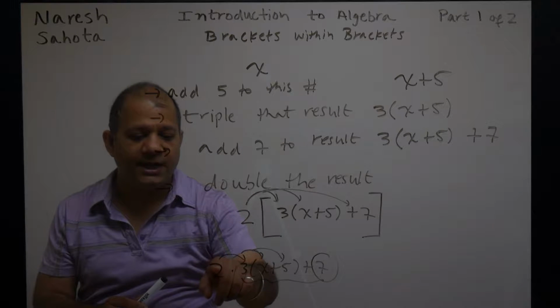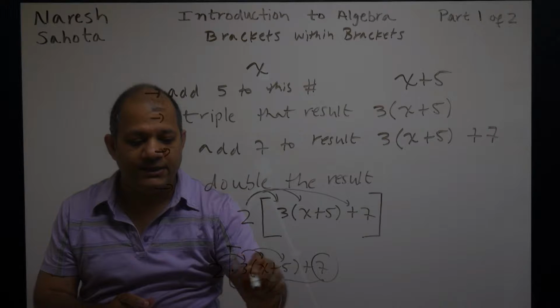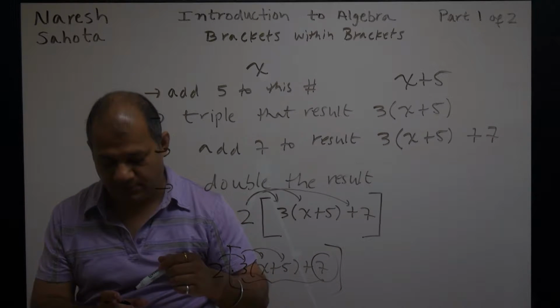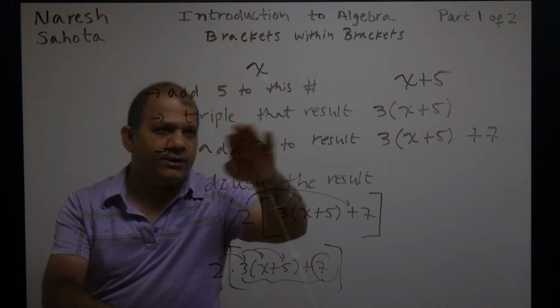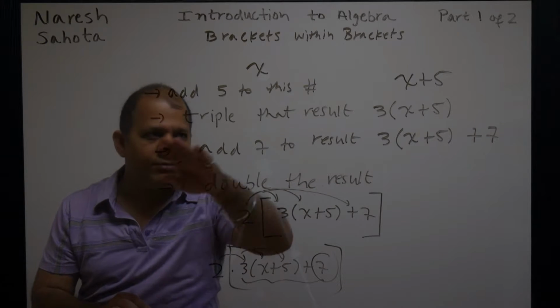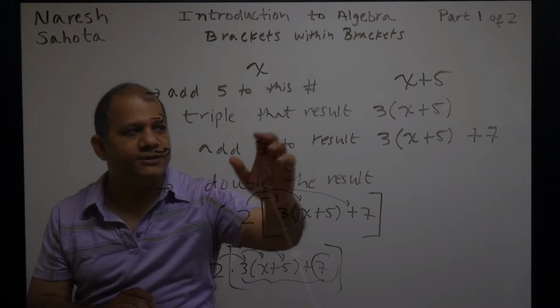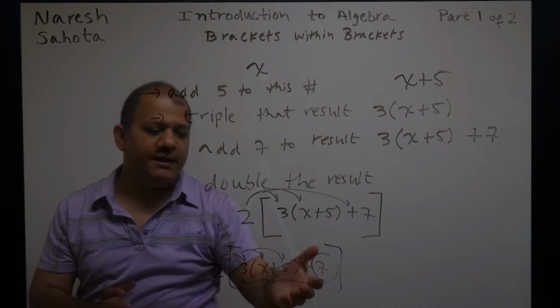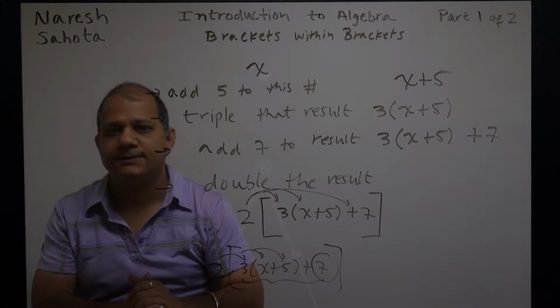So we haven't applied a factor of 2 to the 7, and to do that correctly we need to make use of square brackets. So I gave you a bunch of information one step at a time, and we translated that into a mathematical expression, and what we ended up with was brackets within brackets.